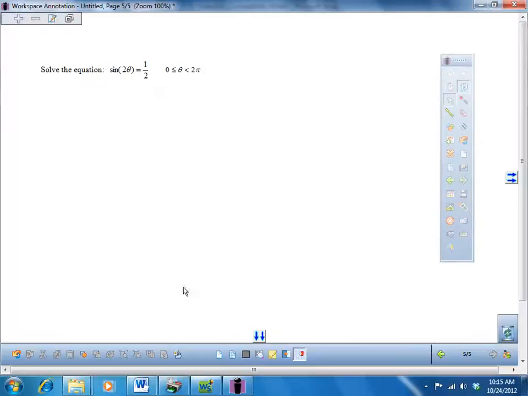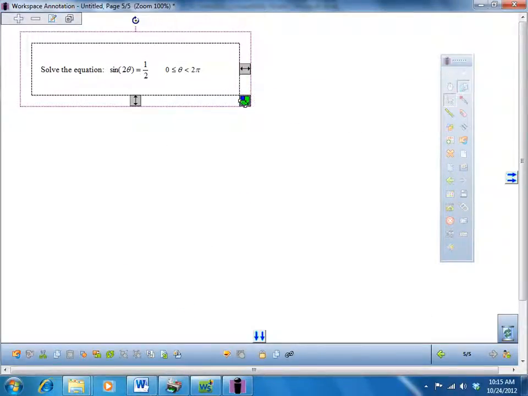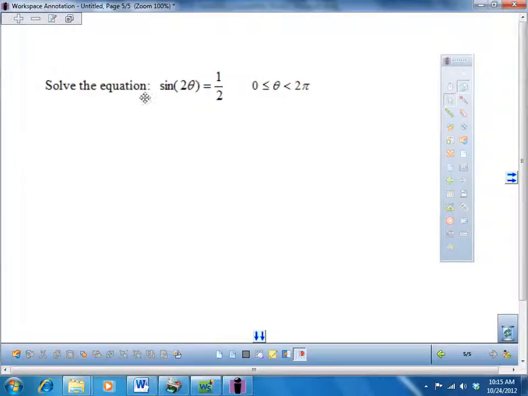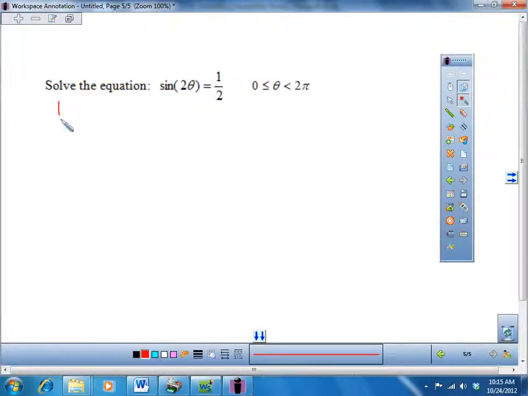Okay. So anyway, this one here is a little bit tricky in that what you have to do is something like this. Instead of calling this theta, we'll give it some other letter. Let A equal 2 theta.